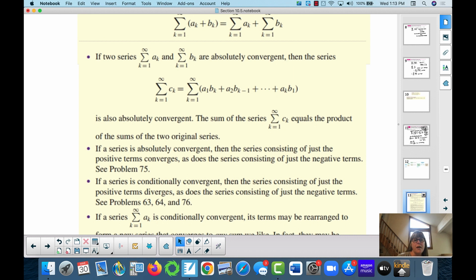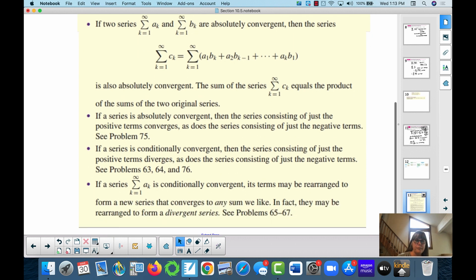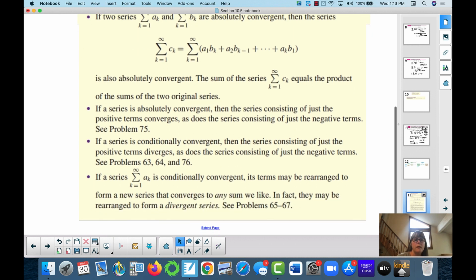And the sum of that series will equal the product of the sums of these two series individually. If a series is absolutely convergent, and I take just the positive terms out of it, that will converge, and if I take just the negative terms out of it, that will also converge.